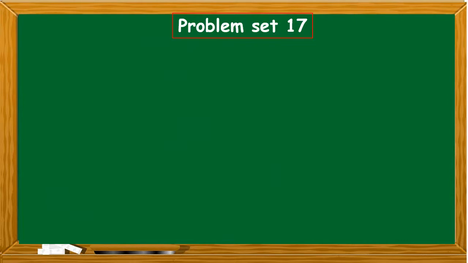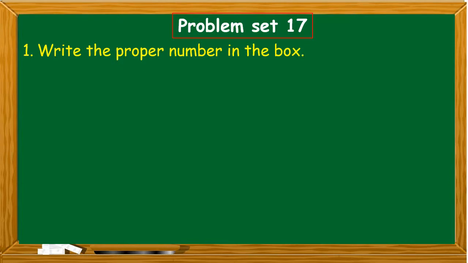Let us start problem set 17. Question number 1. Write the proper number in the box. First example is 1 upon 2 is equal to empty box upon 20.